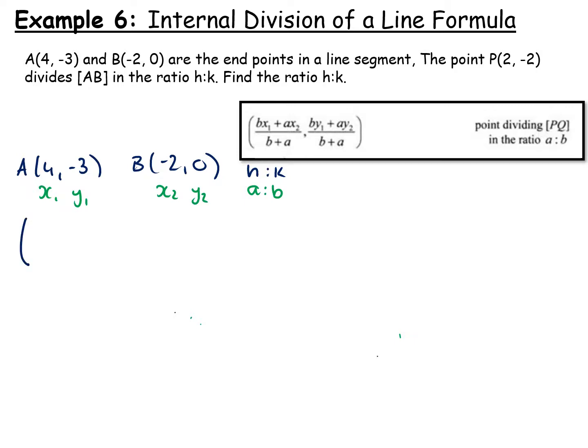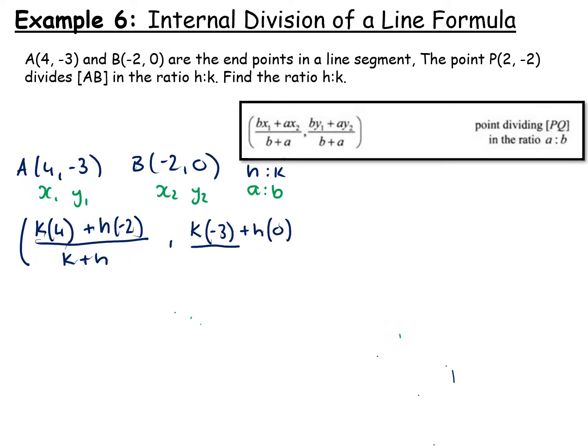So our formula is B, which is k, times x1, which is 4, plus A, which is h, times x2, which is minus 2, and that's all over k plus h. Our second coordinate then is B, which is k, times y1, which is minus 3, plus A times y2, which is 0.